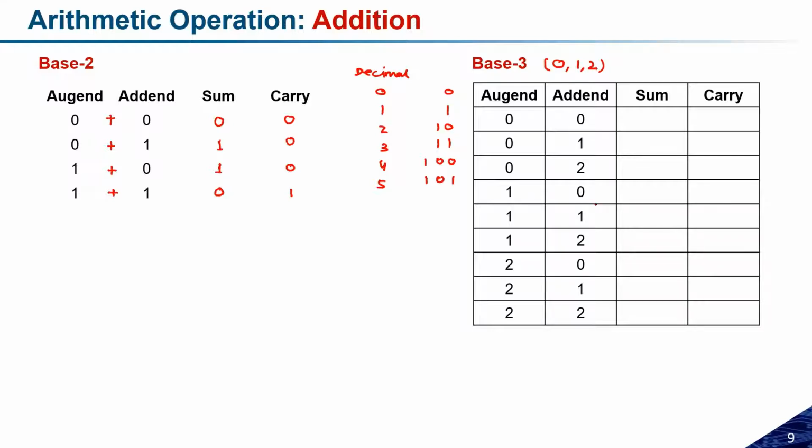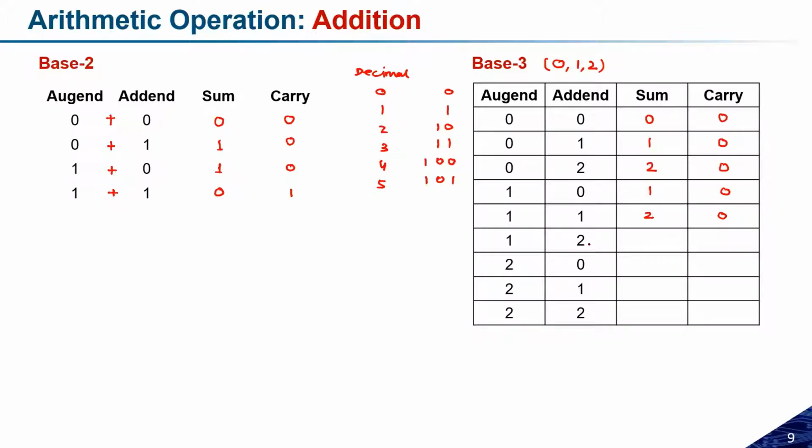Accordingly you can calculate what the sum and the carry will be. 0 plus 0, sum will be 0, carry will be 0. 0 plus 1, sum 1, carry 0. 0 plus 2, sum 2, carry 0. 1 plus 0, sum 1, carry 0. 1 plus 1, sum 2, carry 0.